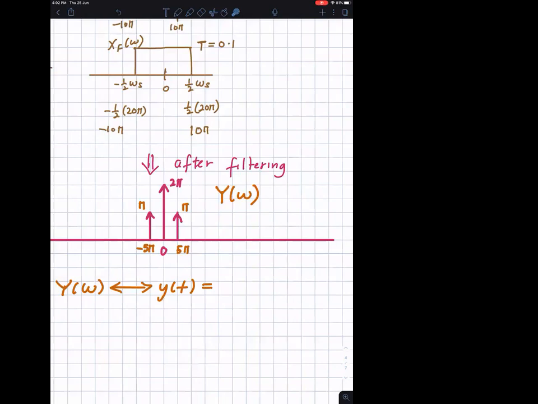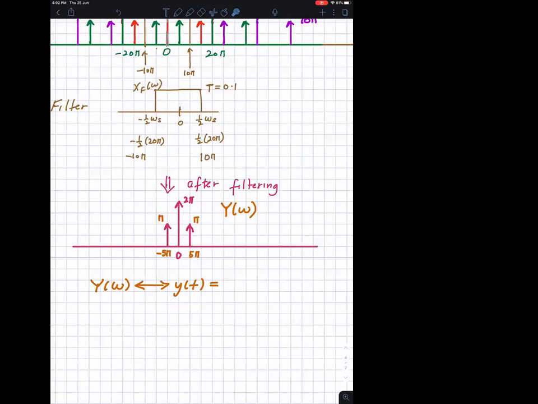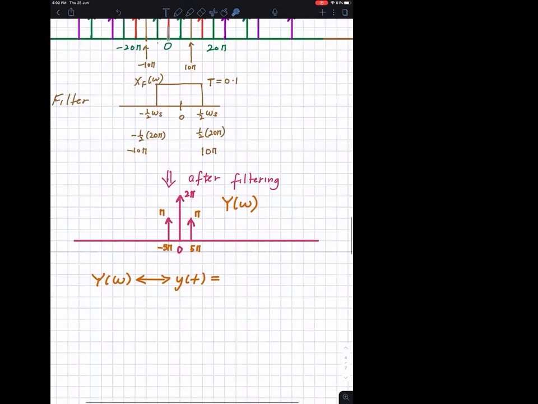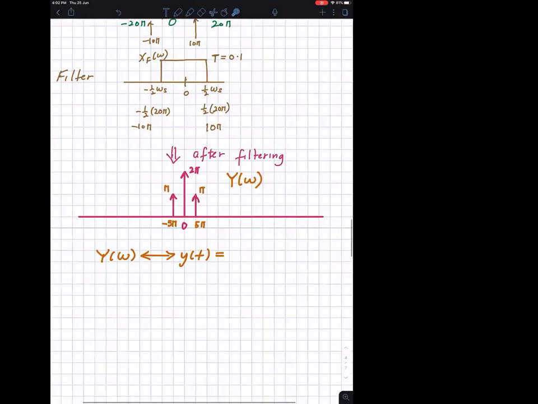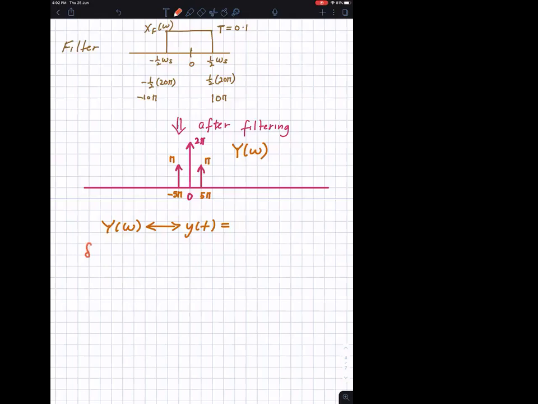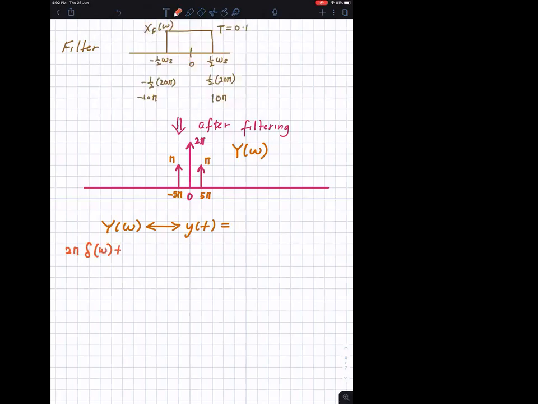So what is the inverse Fourier transform of 2 pi? So, okay, if you want to write this, 2 pi delta omega, and then pi delta omega plus 5 pi.